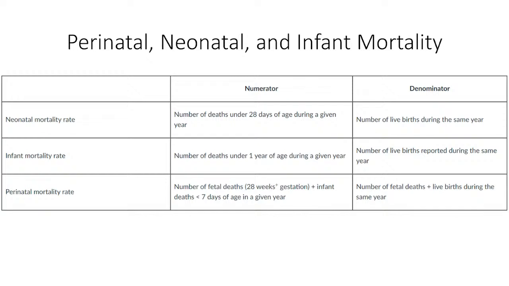and perinatal mortality rate: in the numerator, it will be number of fetal deaths, 28 weeks gestation, plus infant deaths less than 7 days of age in a given year.